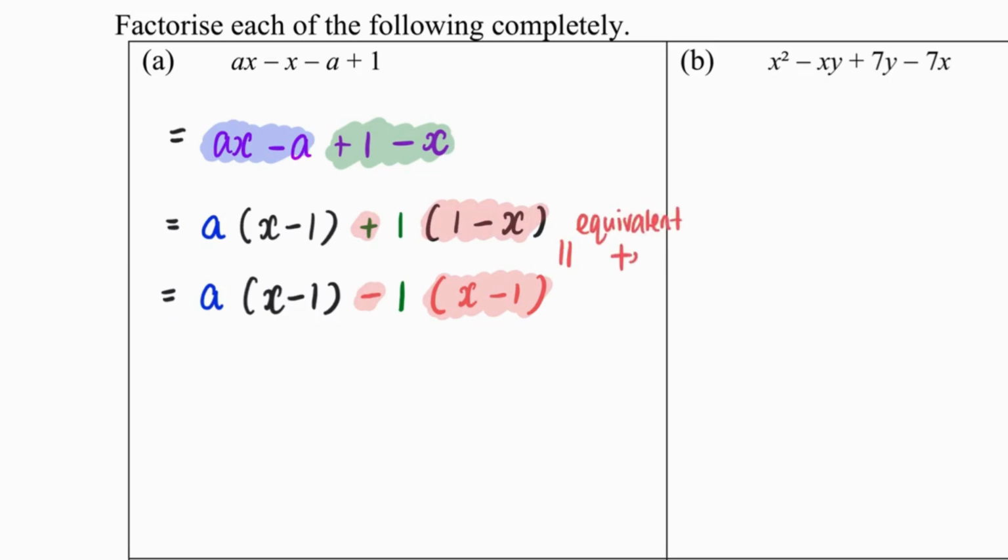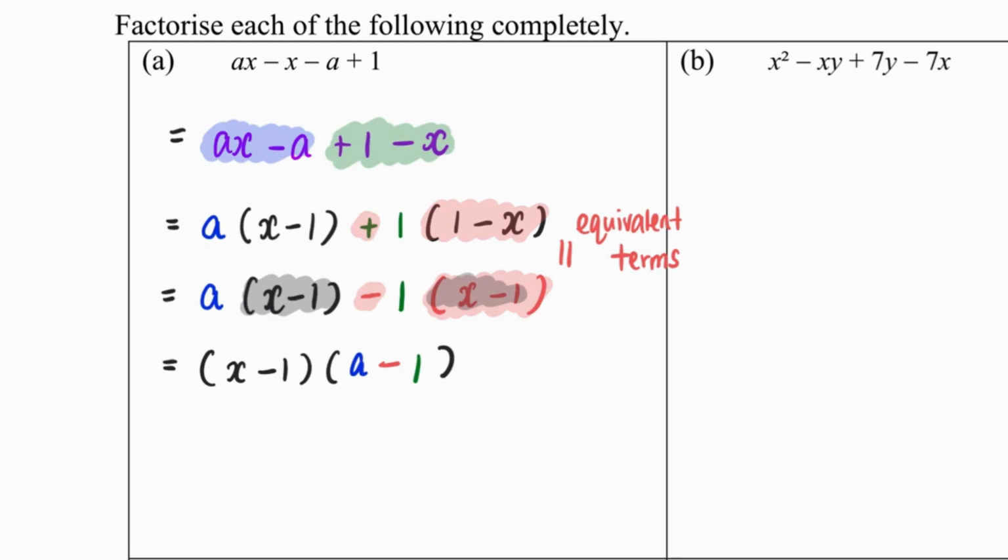And from here then, x minus 1 will then be the common factor. And I'm left with a minus 1, which is the same answer previously.